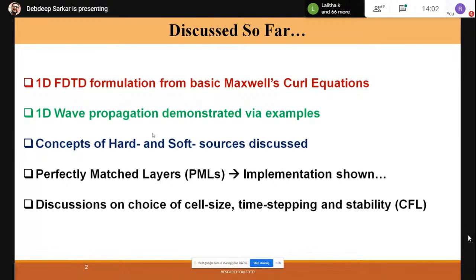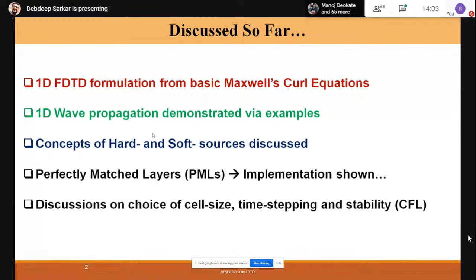In the process, I also told about the analogy with the transmission line situation in the case of 1D FDTD. If you recall, we discussed the Ez and Hx components and how they relate to the voltage and current in a transmission line respectively.